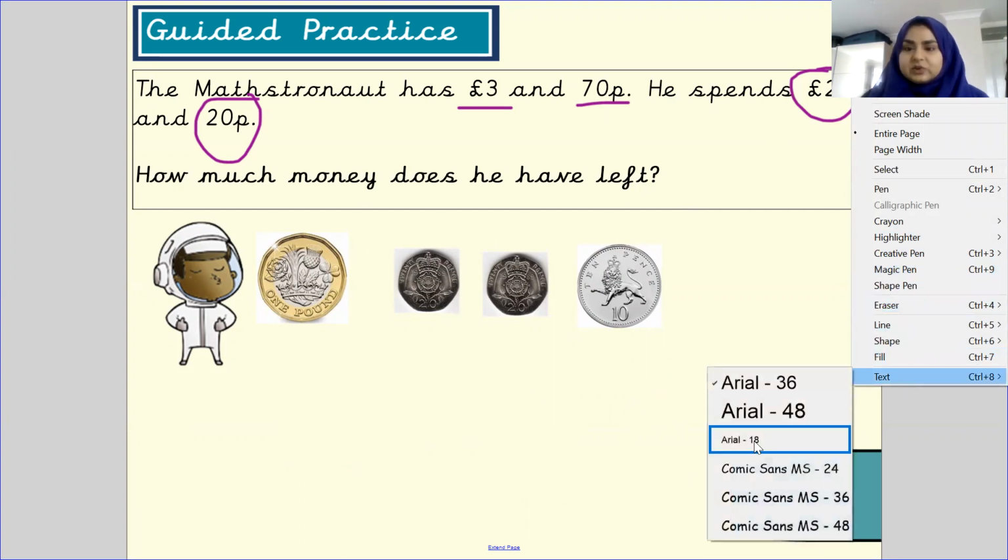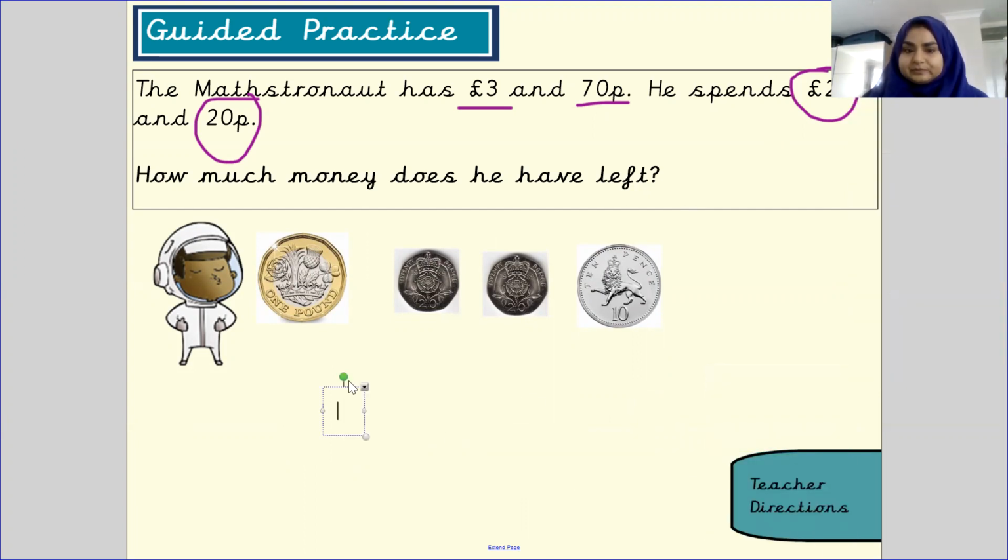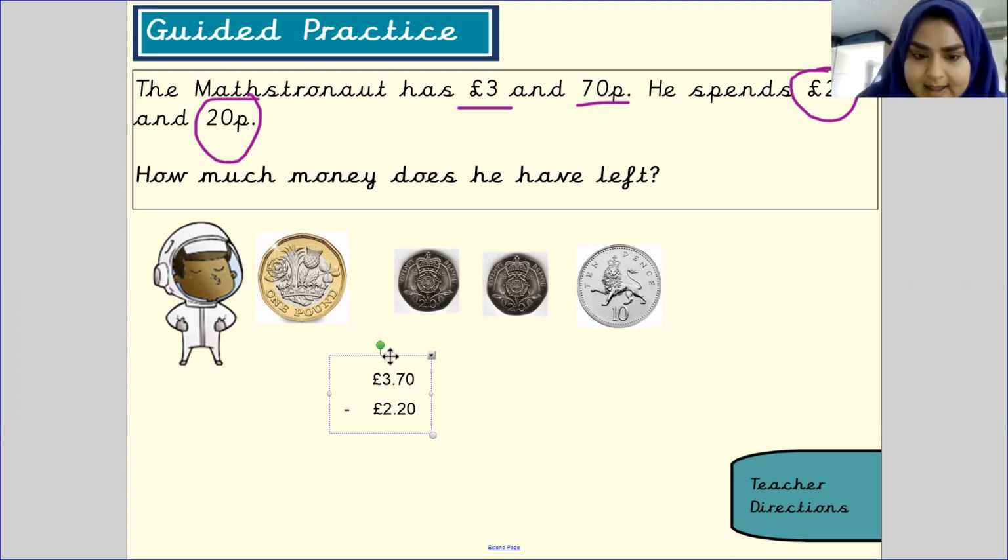So you would have probably done your takeaway. £3.70 takeaway £2.20.